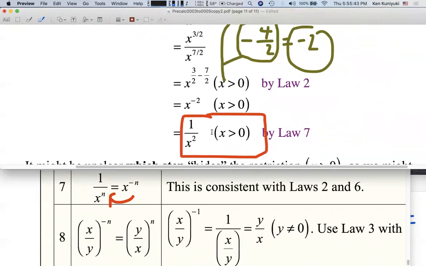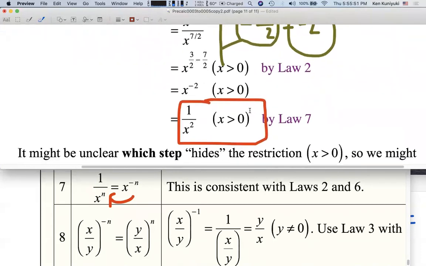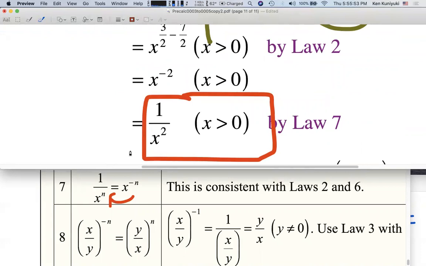Now, I asked you way up here, what is the value of this expression if x equals 3? It's hard if you look at this, but if you look at the simplified form here, it's easier to plug into x here. All right, what is the value of this when x equals 3? It's going to be 1/9, right? 3 is a legal value for x. 3 is positive. You plug in 3 for x, you get 1/9.